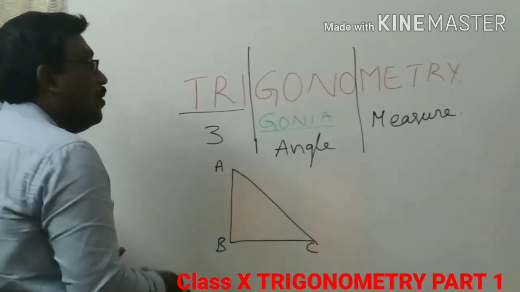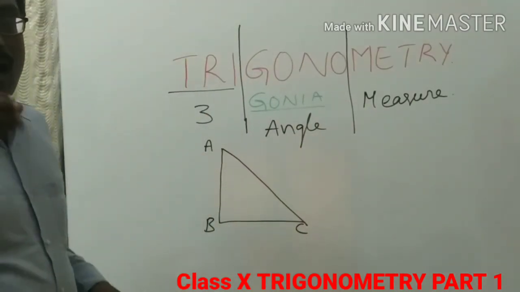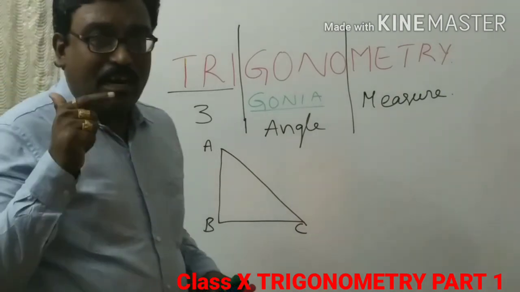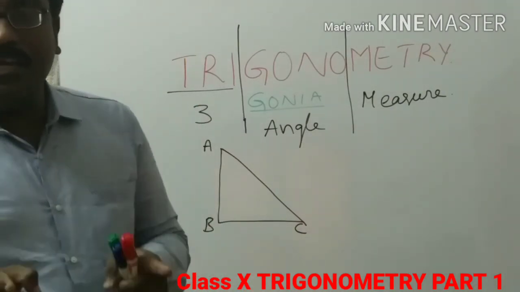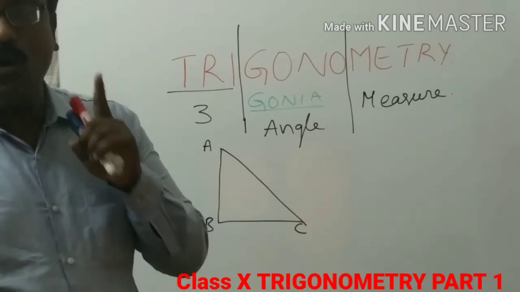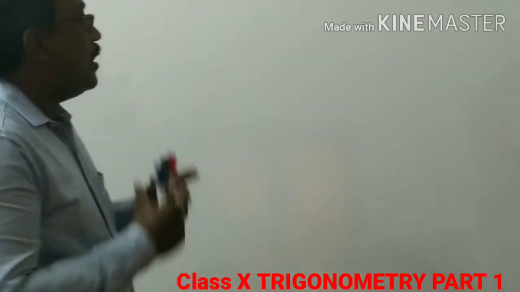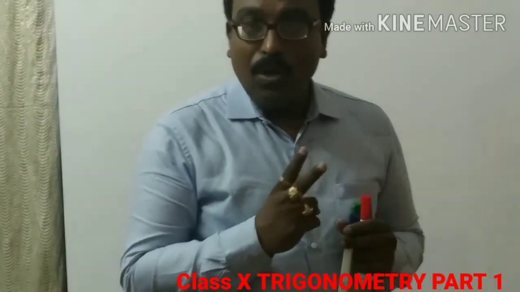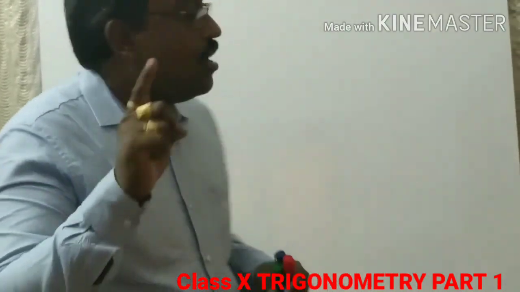Now, why is trigonometry developed or introduced? Did you understand my question? Why is trigonometry introduced? Regarding components of a triangle, we have 2: one is sides and the other is angles.